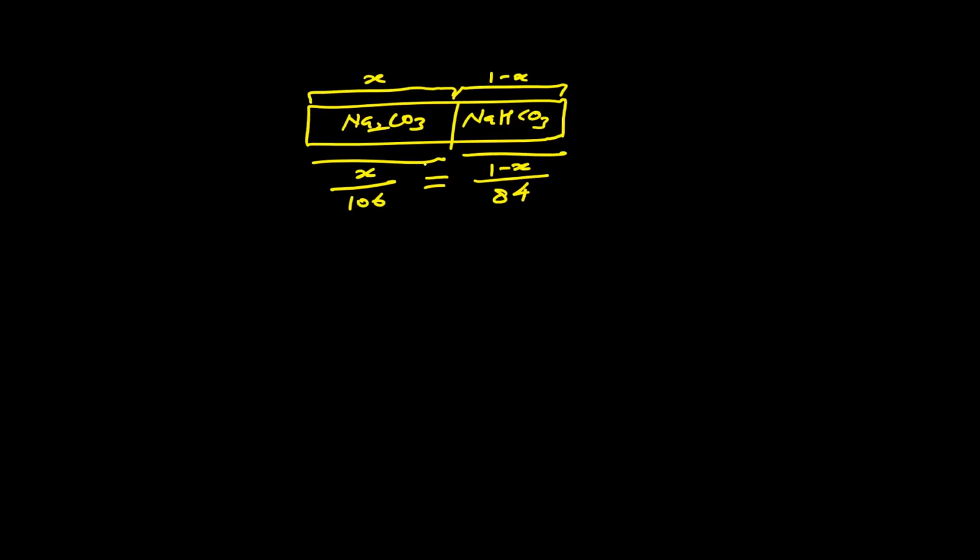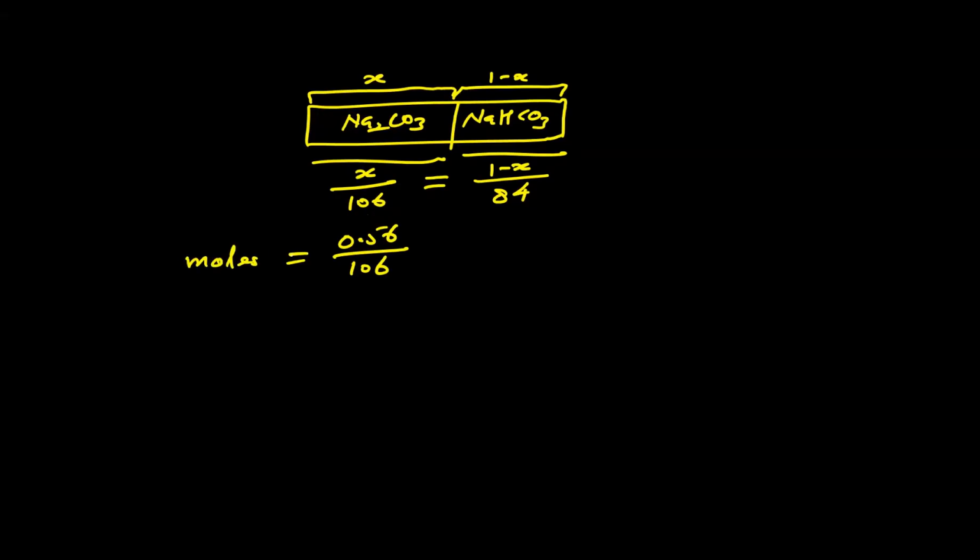Clear? So the moment I got this value, 0.56, I will substitute it: 0.56 divided by 106. These many moles are there of both. It will be the same actually. If you calculate this part or this part, you will get the same answer. So 0.56 divided by 106 gives the exact moles, equimolar solution.